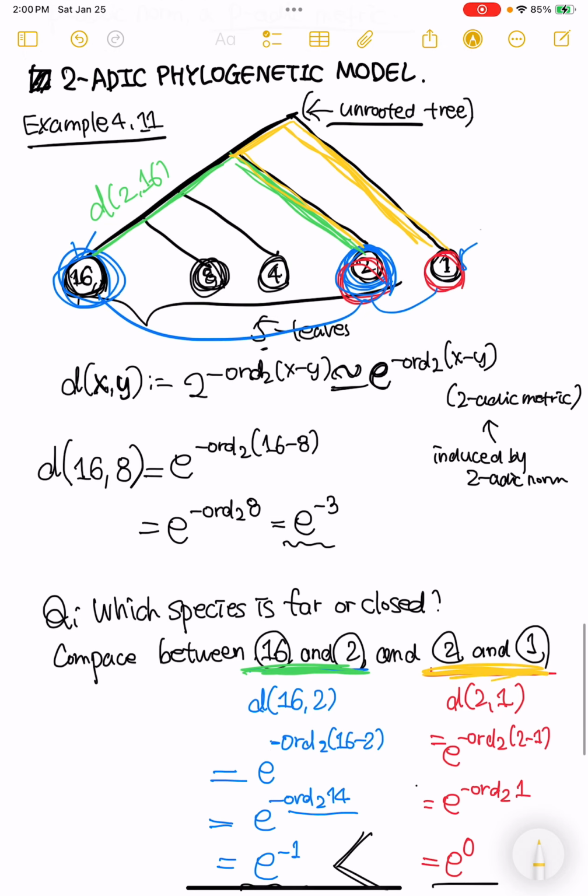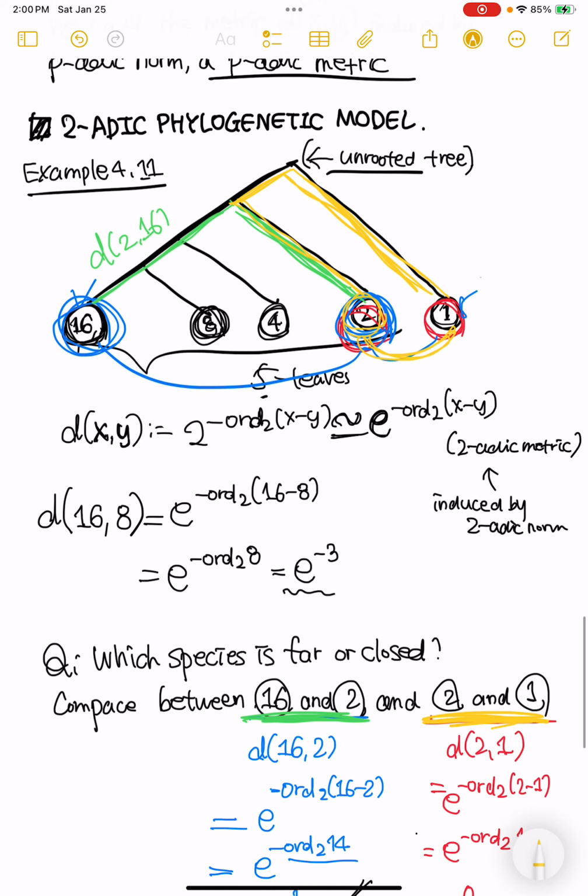Okay, so apparently in the tree model, 2 seems to be closer to 1 and far away from 16, so 16 is relatively not related to 2 compared with 1.